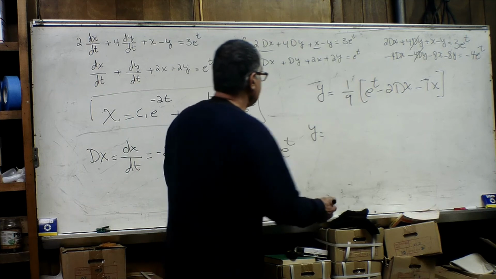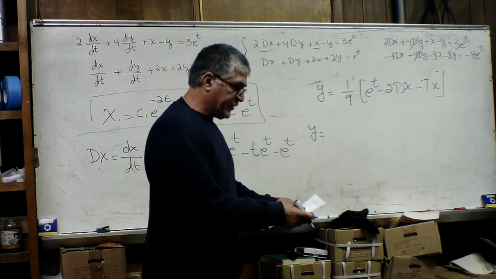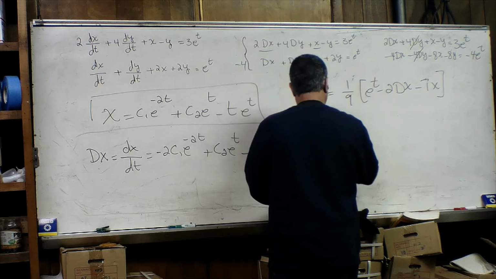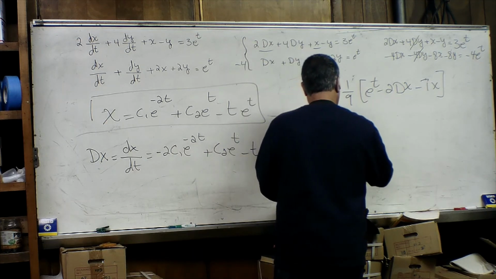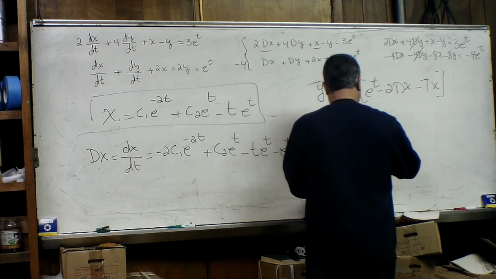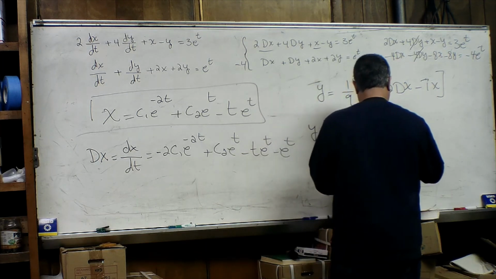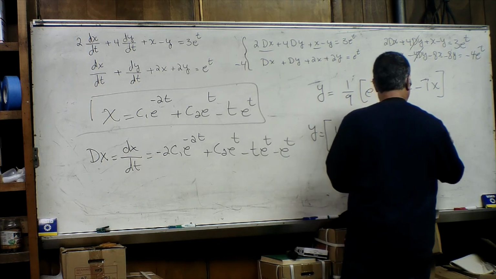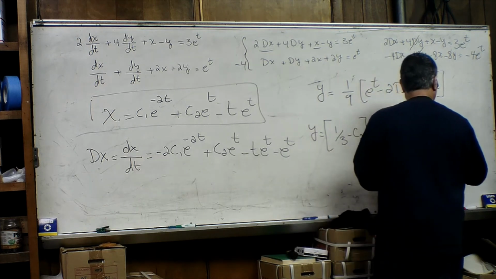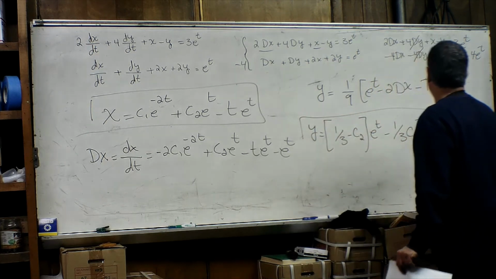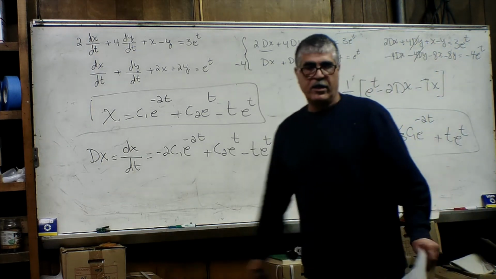I did the answer and simplified it. It came out to be 1/3 minus c2 e to power t minus 1/3 c1 e to power minus 2t plus t e to power t. So this will be our y.